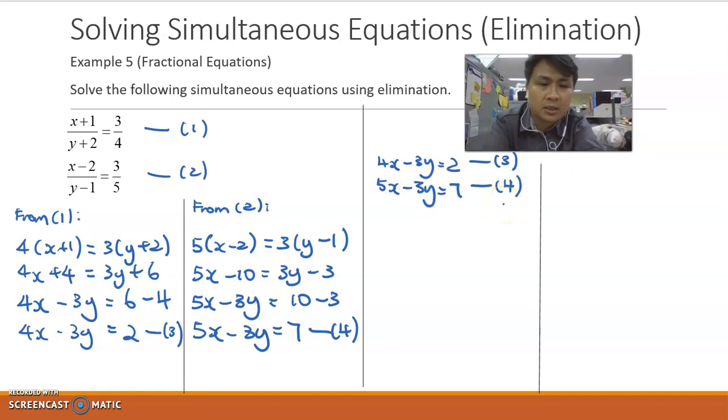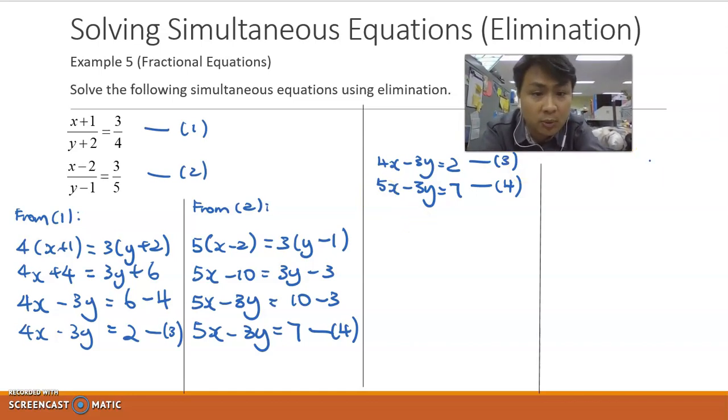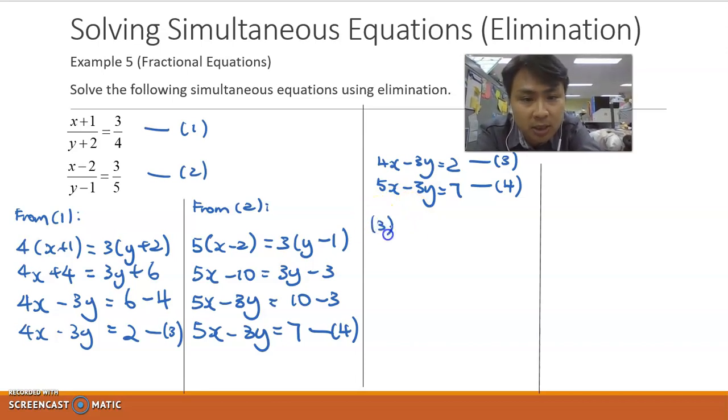Now, which variable do I remove? If you can observe, the coefficients of y are the same. So we will remove y, and do we choose plus or minus? Because the signs are the same, we will choose minus. If you cannot remember this, you can always do the side workings to check whether you choose plus or minus. So now we will take equation 3 minus equation 4.